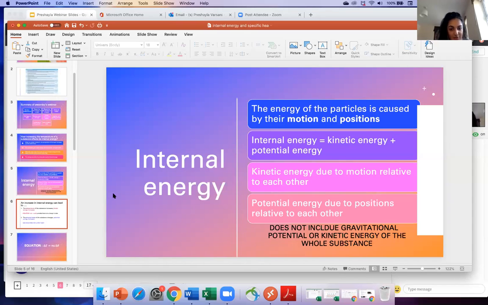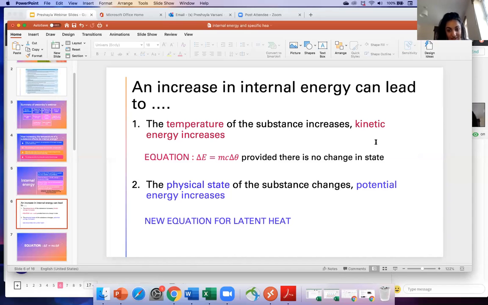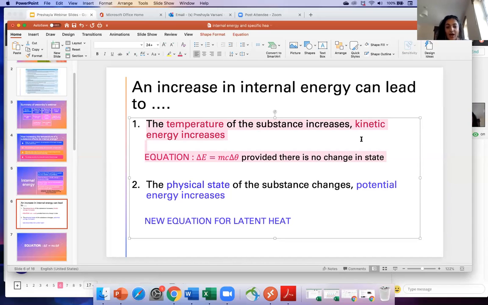Does the potential energy also increase through the first method? No. This method here has only to do with the temperature of the substance, and the temperature of the substance is related to kinetic energy. The potential energy is only related to the position of the particles. Kinetic energy is related to the motion.